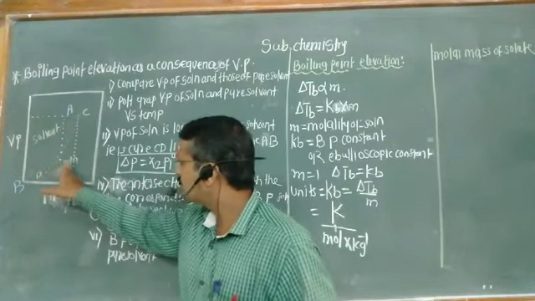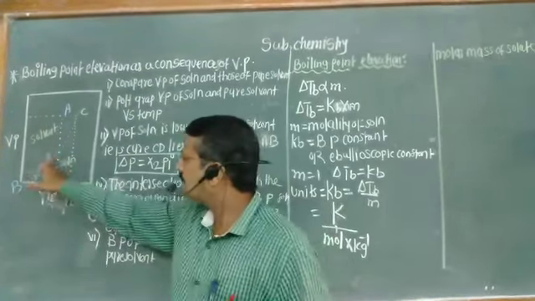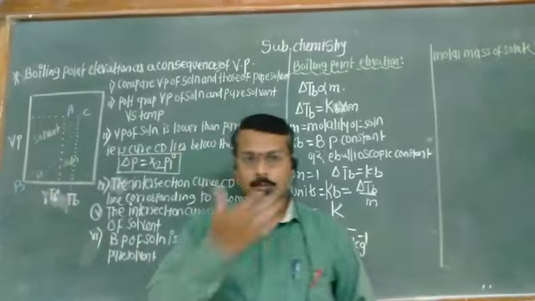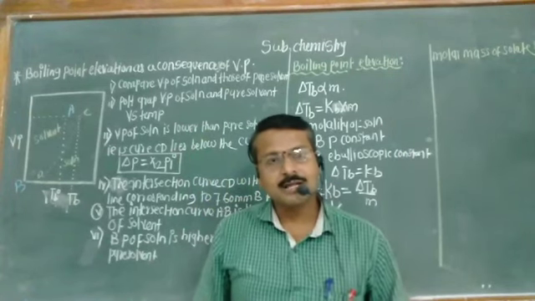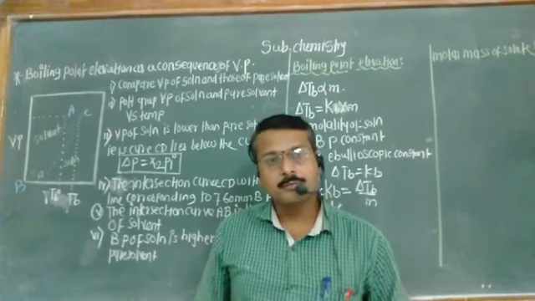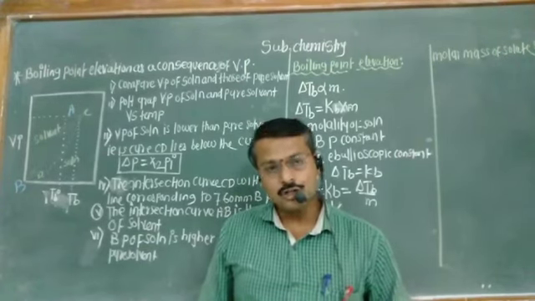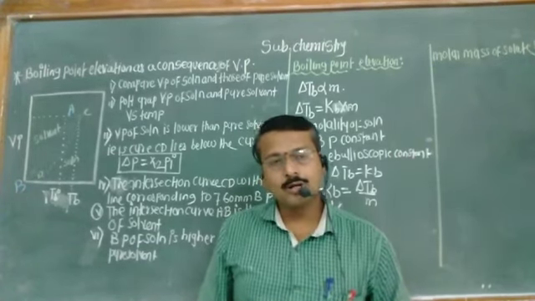Curve CD shows the vapor pressure of the solution and curve AB shows the vapor pressure of the solvent. So by using this we can say that the vapor pressure of the solution is lower than that of the solvent.